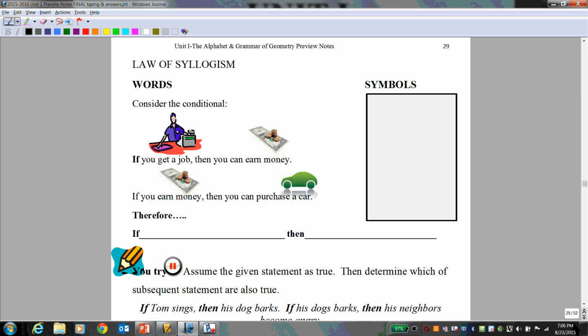Second conditional. If you earn money, then you can purchase a car. Take a wild guess with the logical conclusion. Let me read this. If you get a job, then you earn money. If you earn money, then you purchase a car. Therefore, write something.